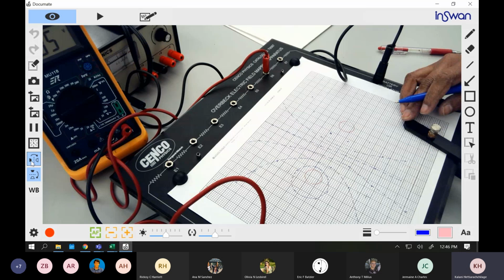If your voltmeter switches off by itself, make sure you switch it on again.